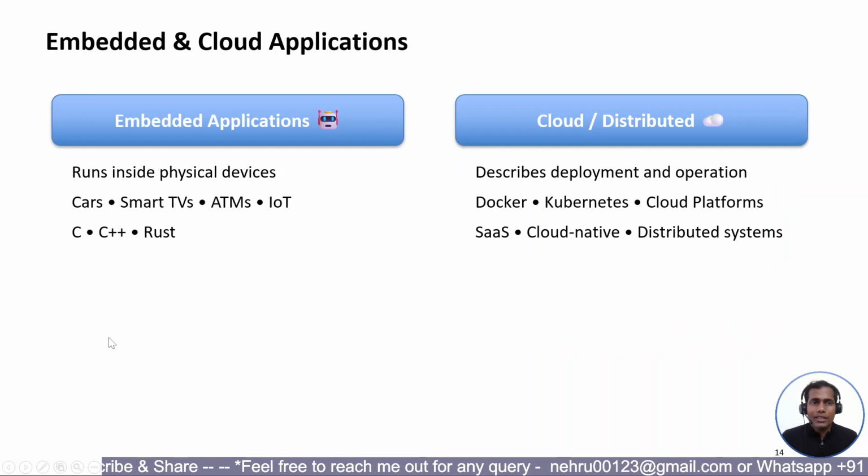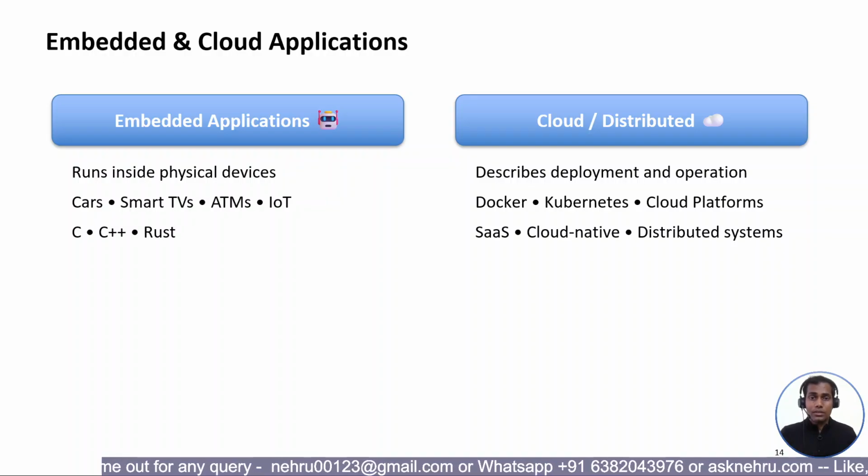Now let's understand about embedded or cloud applications. So software does not always run on a phone, laptop or servers. Sometimes they are running in the washing machine, cars, smart TVs, ATMs, smart watches, IoT devices. IoT devices, I can give examples like smartwatch, Alexa, that's been controlled by voice, right?